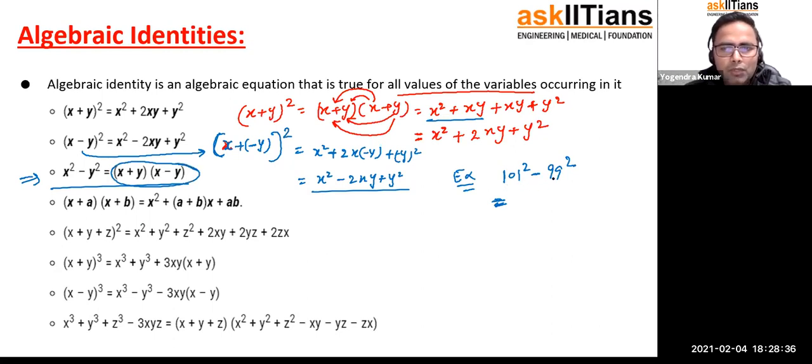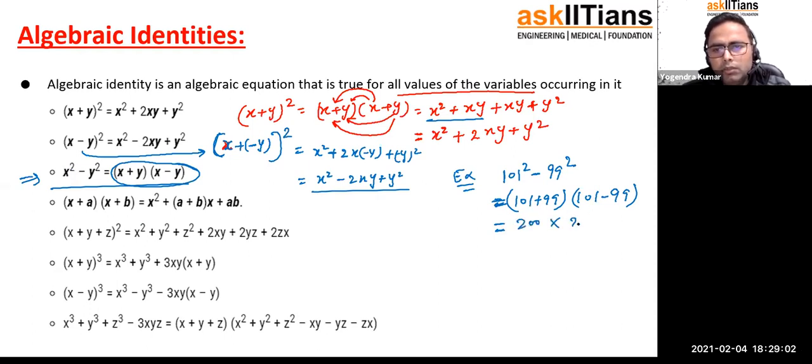x is 101. y is 99. So 101 plus 99 and 101 minus 99. What is this identity saying? If there are two numbers and squares of them are subtracted, add them and multiply by their difference. That's all, right? So this is what? A very good number now, 200.